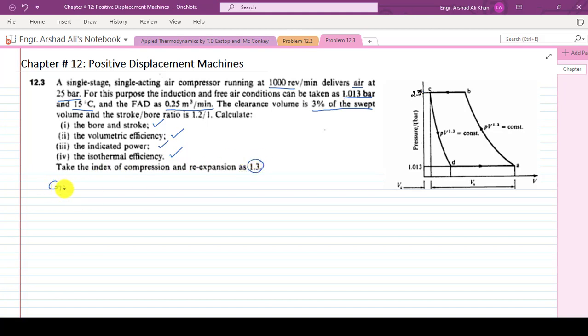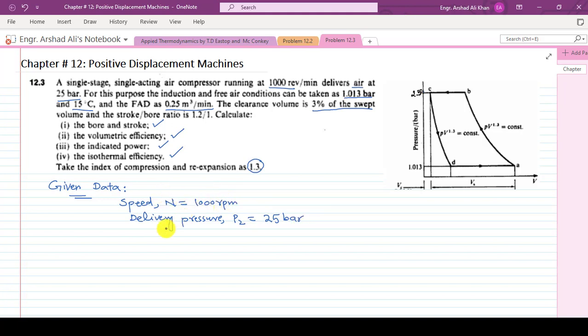First of all, we have to highlight what is given in the statement. The given data is the speed of the air compressor, N, equal to 1000 revolutions per minute. Also, the delivery pressure is P2, which is 25 bar.